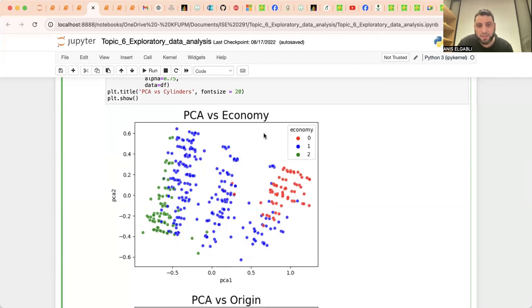Maybe PCA1 and PCA2 can be used to separate these. As I said, we are now considering only two PCAs, so we're talking about the separability here in 2D. It can do a reasonable job, not so great, not too bad.